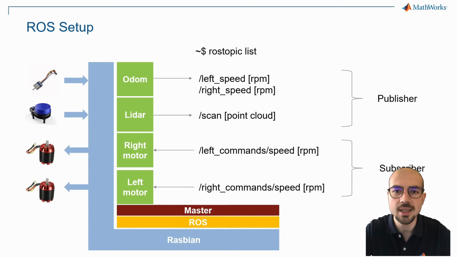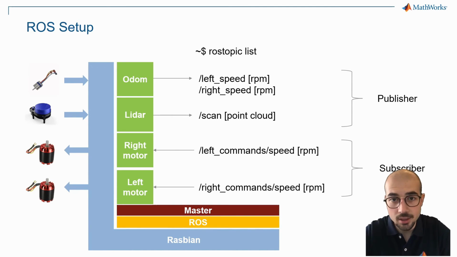In order to set this command, the left motor node subscribes to the right command speed. Okay, so it means that there's a topic called right command speed that contains the velocity in RPM. This velocity is then taken by the left motor node and given to the left motor. Okay, the same for the right motor.